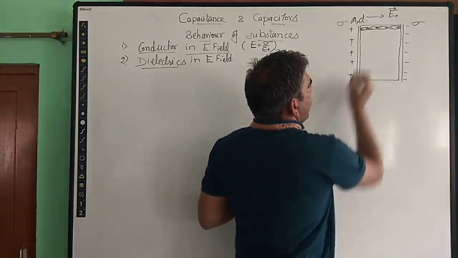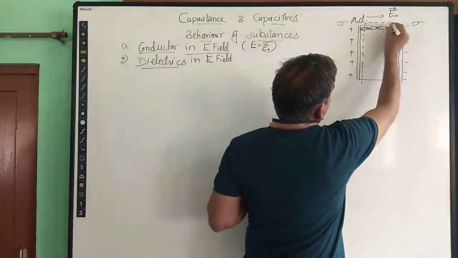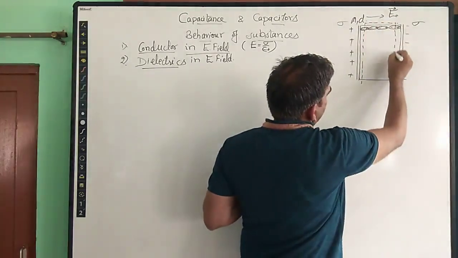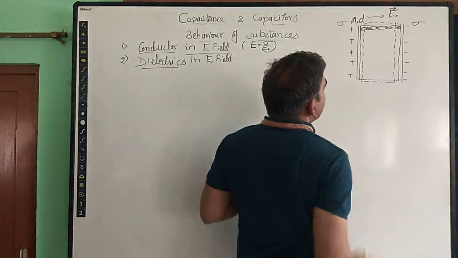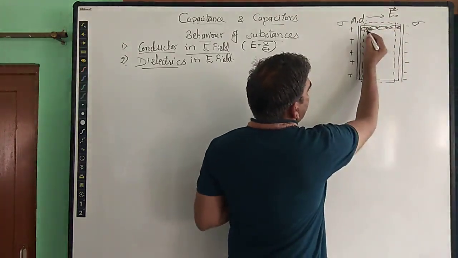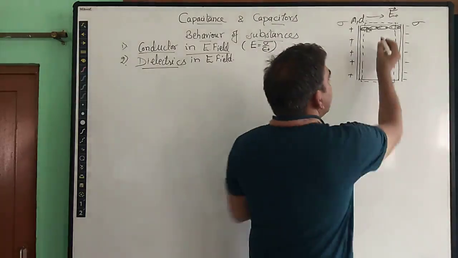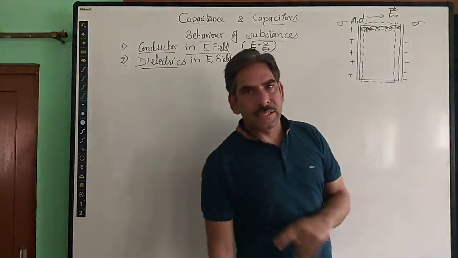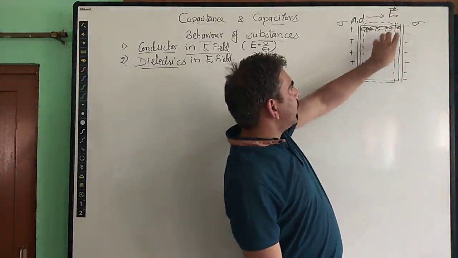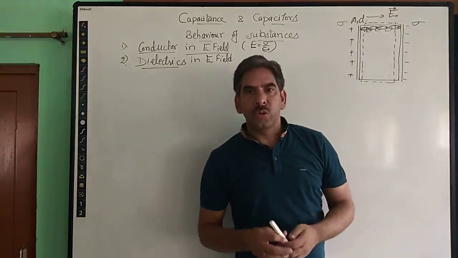So we can see that within the area, or we can say volume, within the dielectric, these two charges are cancelling out, and these two charges are also cancelling out, these two charges are also cancelling out. So hence the net charge inside the dielectric turns out to be 0.